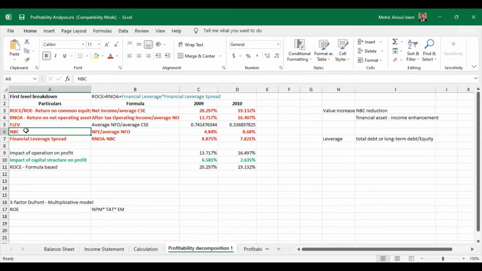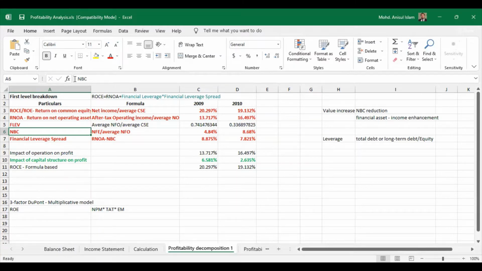Can anyone tell me what was the net borrowing cost? The definition of net borrowing cost? Can you please remind us? Net borrowing cost, how can we measure it? Is it the net financial expenses?